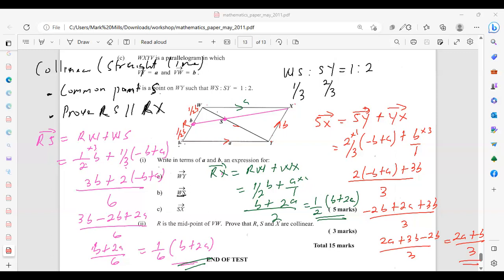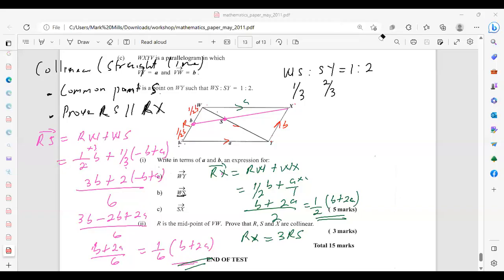All right. So we are going to try something here. If you're able to prove that RX is equal to 3 times RS, then we can say that they are parallel.